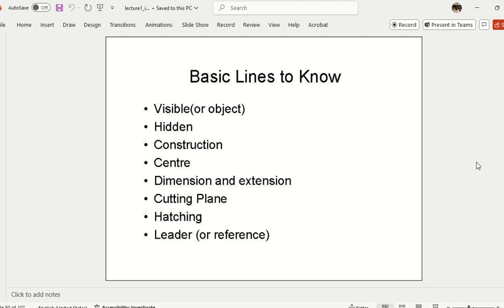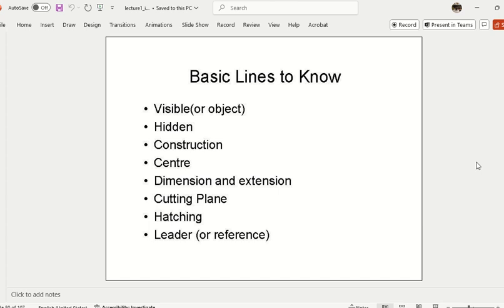I can cut the section here, above the seat, so I will see the seat, right? If I cut the section here at the legs, will I see the seat? No. I will show you how to show the cutting plane, but I am giving you the concept. Whenever you cut a section, you have to show the location of the section, at which point you cut it. That's why the cutting plane is important.